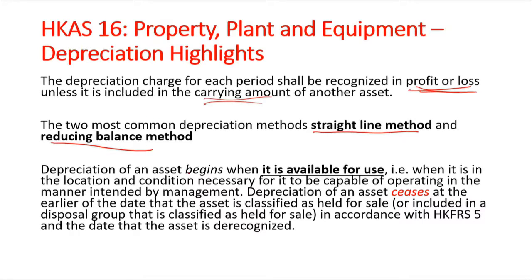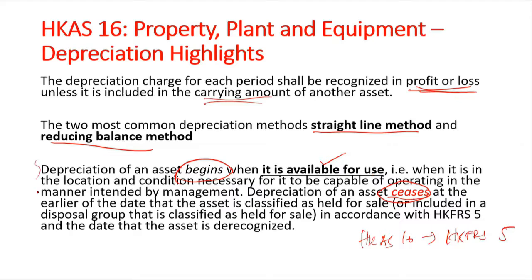The depreciation of an asset begins when it is available for use, right? As it says here. And then it ceases if you have sold the asset, or if the entity has decided to sell the asset, because then you will move from HKAS 16 to HKFRS 5, right?